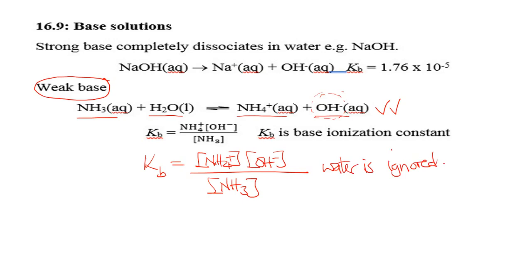So we ignore water in our expression. Let's look at an example that will give us an idea how we can solve problems when you are given a weak base and you are also given Kb of the reaction. Let us take note of the given Kb here, 1.76 times 10 to the power negative 5.